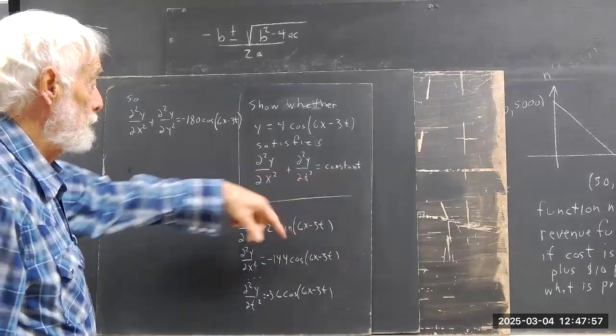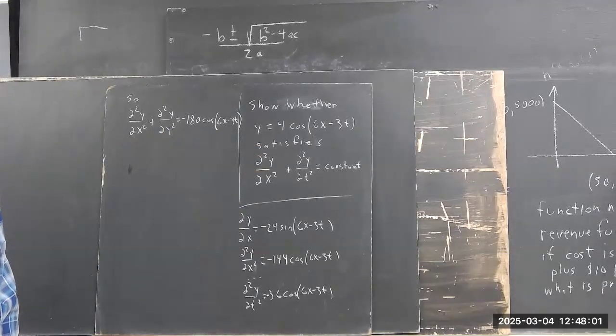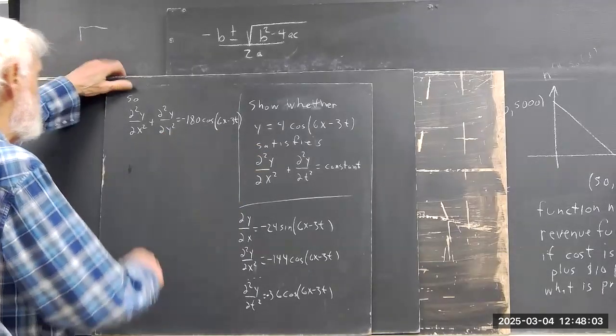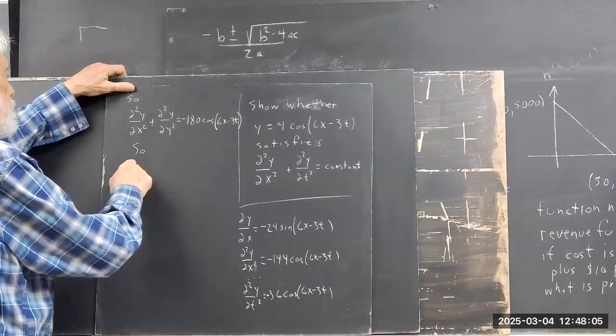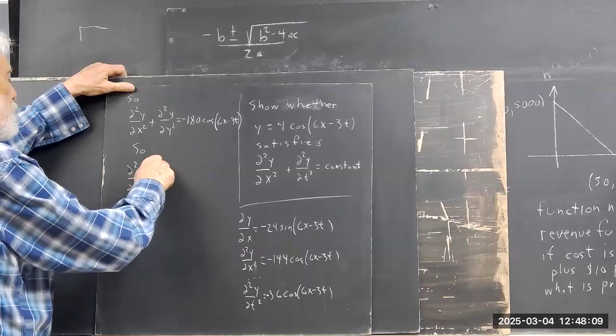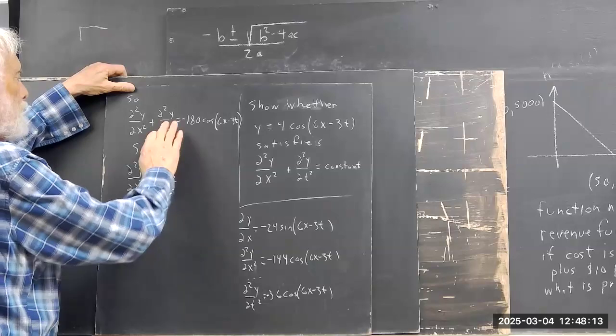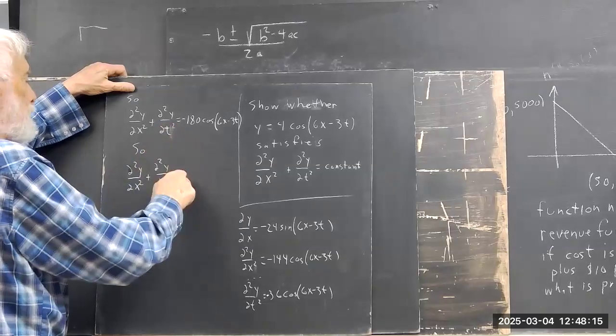It's not constant, but it is a constant multiple of the function itself, right?